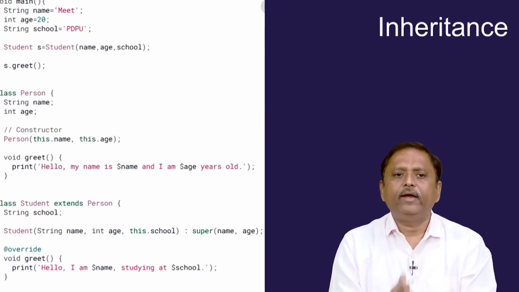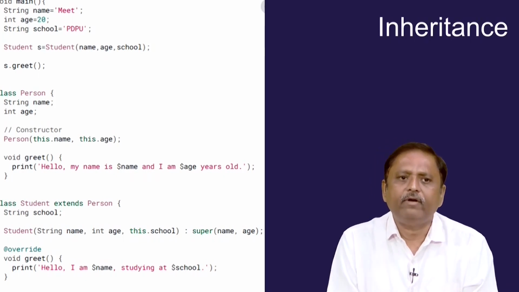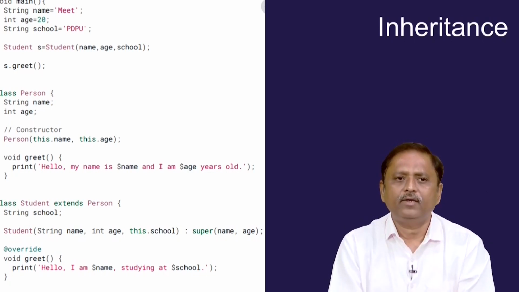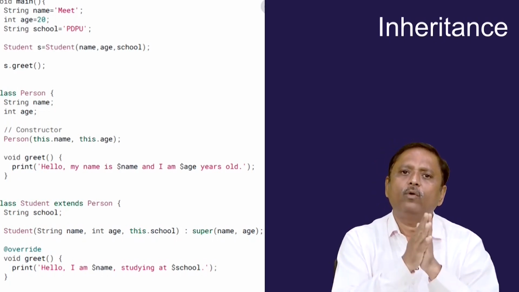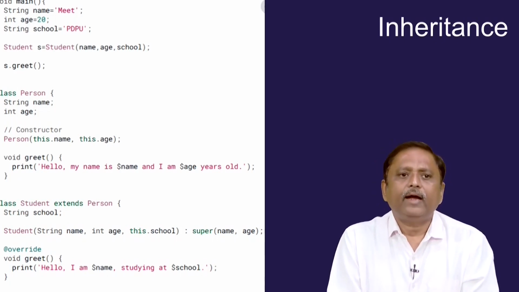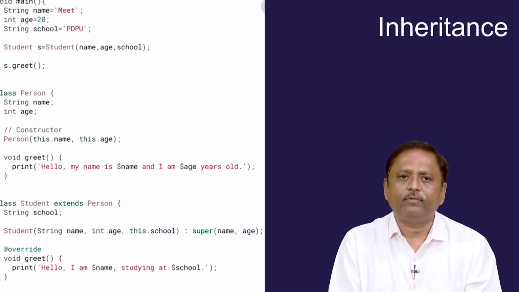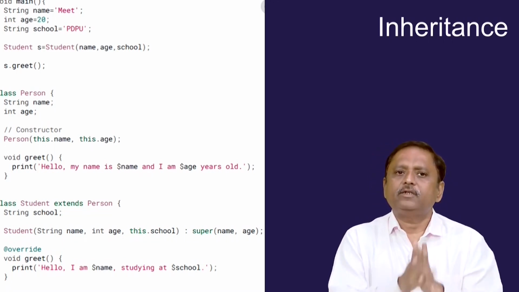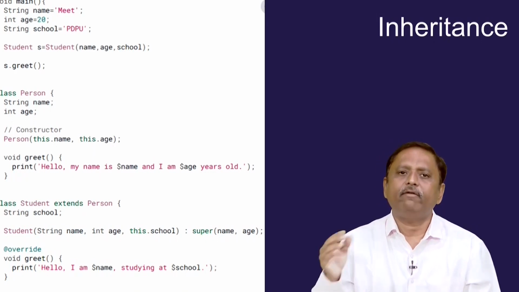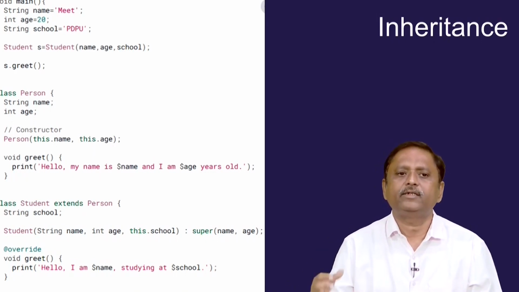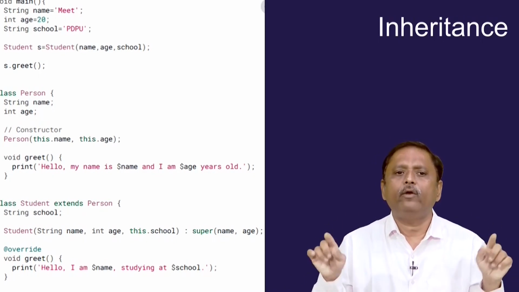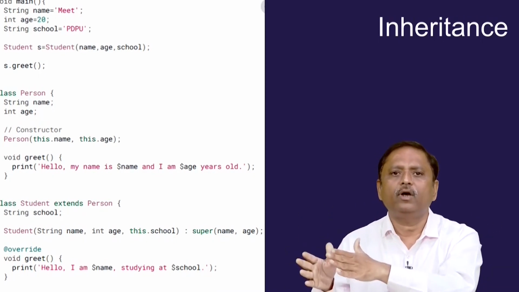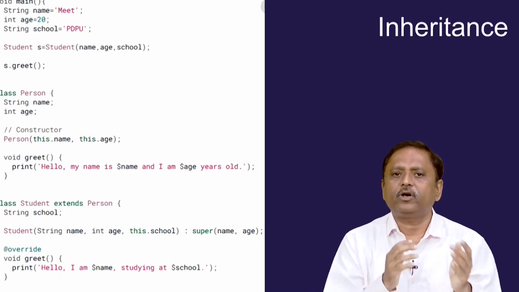Let us go to main. So, inside main we declare three variables to specify name, age and school, and we initialize their values appropriately. Then we create an object of type student, which is student S, and we call its constructor using its name, student, and pass these three values, name, age and school, to the student class constructor.